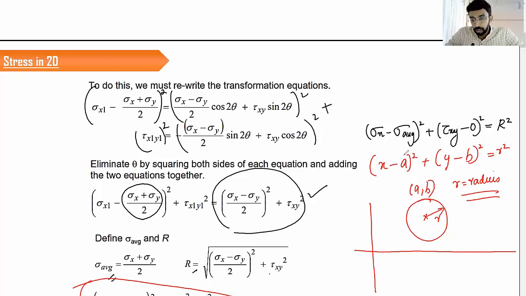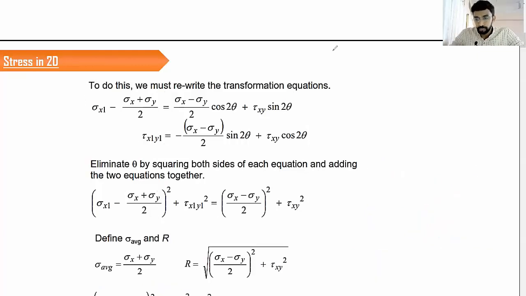So if you compare these two equations, we can say that in place of a we have sigma average and in place of b we have 0, right? So what we can conclude is that, using this equation, we can represent this as a circle with sigma average comma 0 as the center.